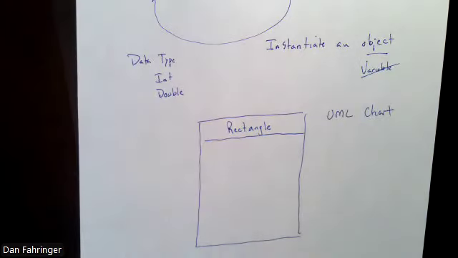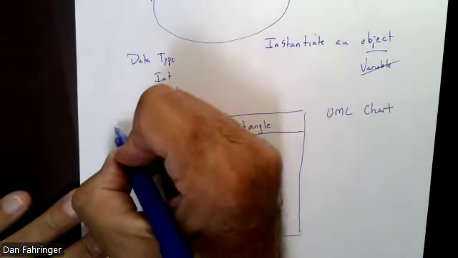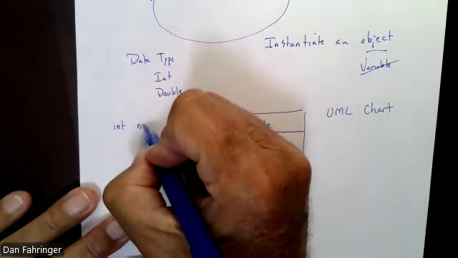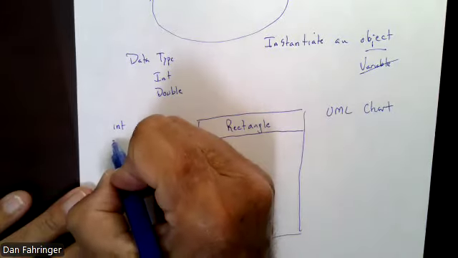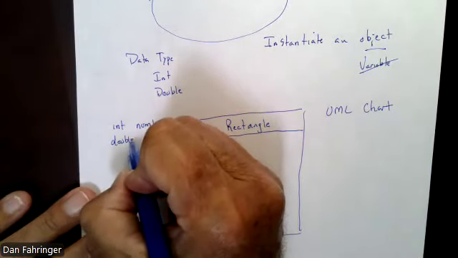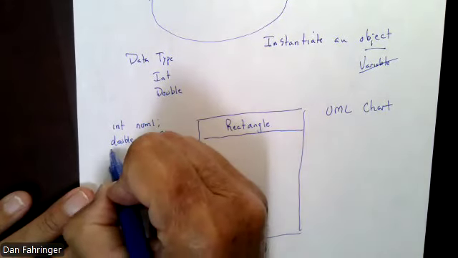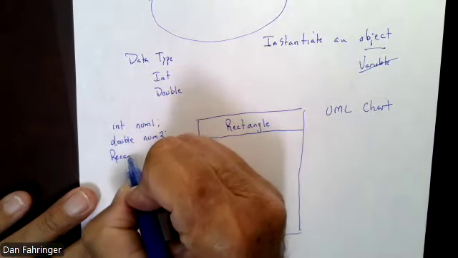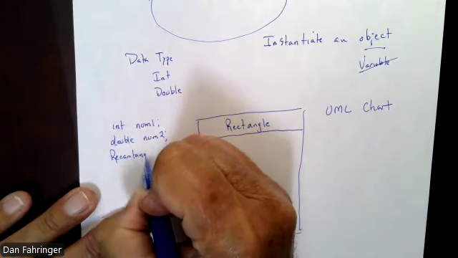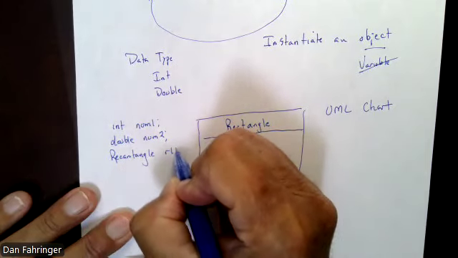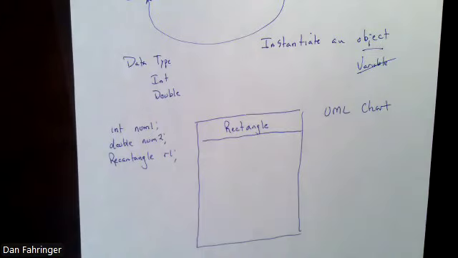So that is my new data type. So I might be getting ready and saying int num1, double num2, Rectangle, it's a data type, r1. So this is a new data type that we're creating.